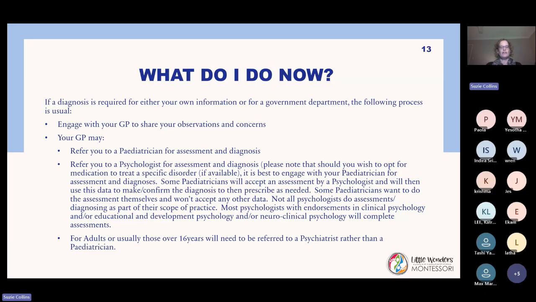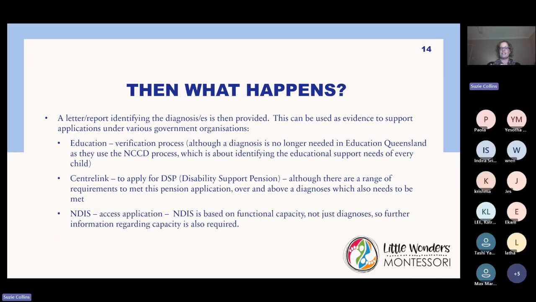Once you've had that assessment and diagnosis completed, you'll generally receive some sort of letter or report identifying that diagnosis. That diagnosis or evidence is then used to submit to various departments, so I just want to have a brief review of some of those. First, the education department.